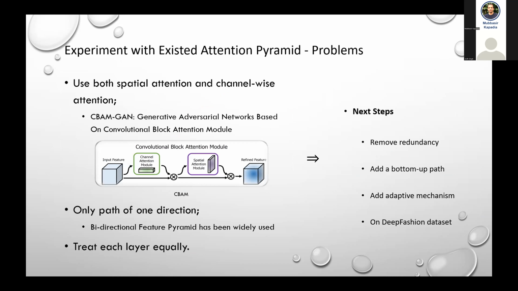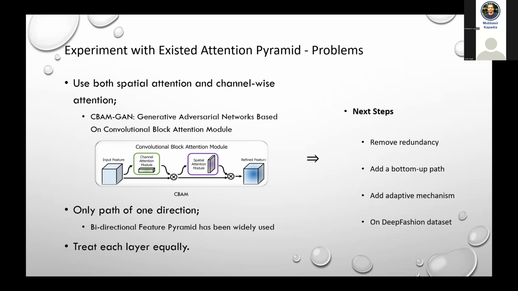And there are other problems in the existing APNet. First of all, it uses both spatial attention and channel-wise attention. CBAM, which also used both, has already been introduced to GANs, to our field, so we prefer not to reuse it.